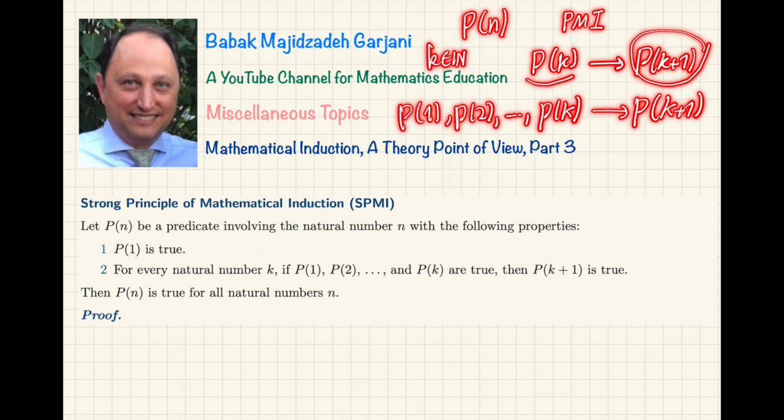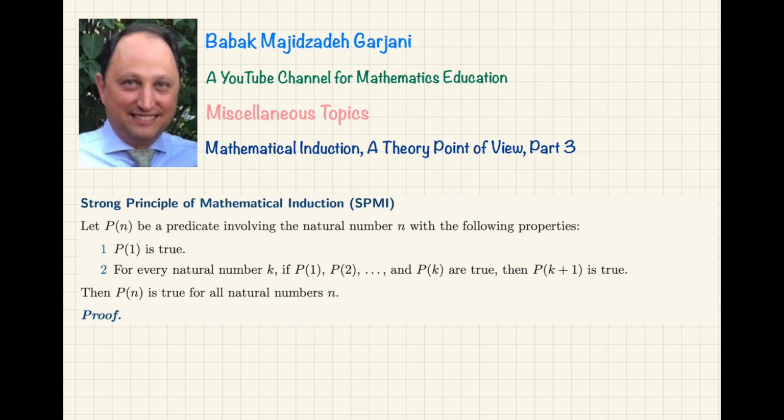This principle, the strong principle of mathematical induction, is an adaptation of the principle of mathematical induction to include these cases as well. Of course, I will present examples so that you will understand. This will illuminate this point for you. But let me now read the statement and present the proof for this statement.